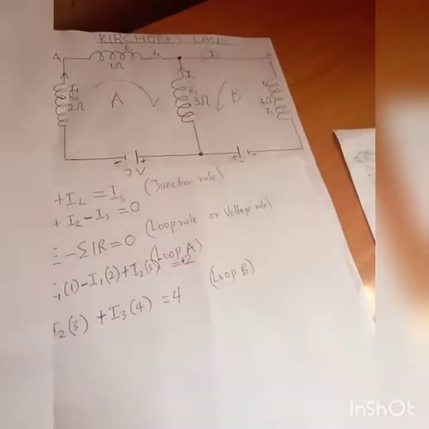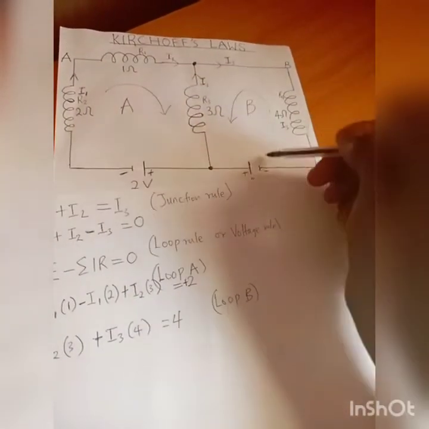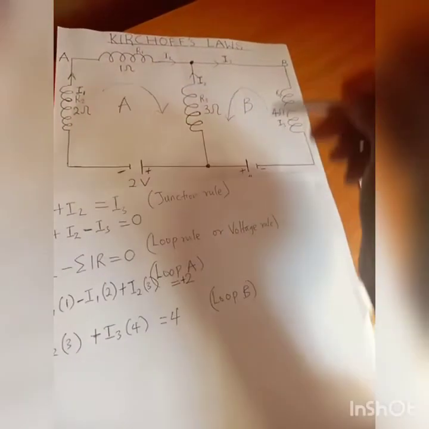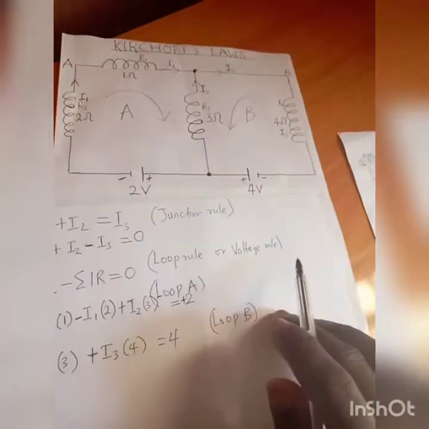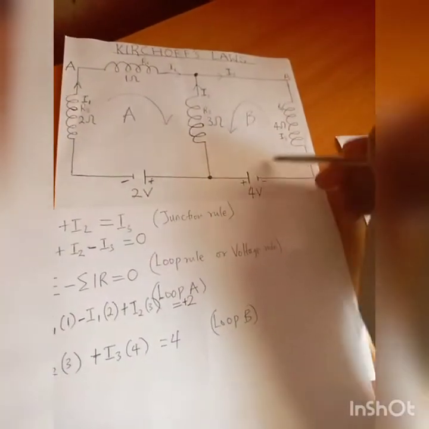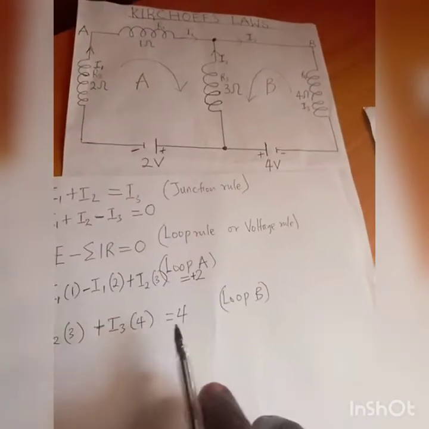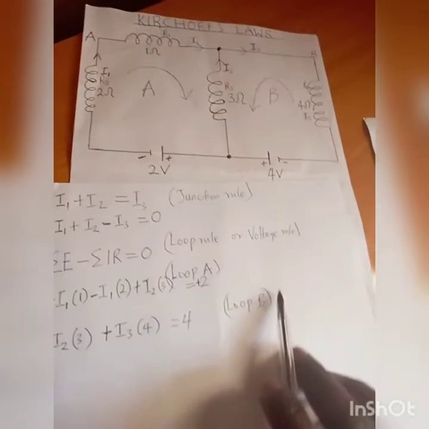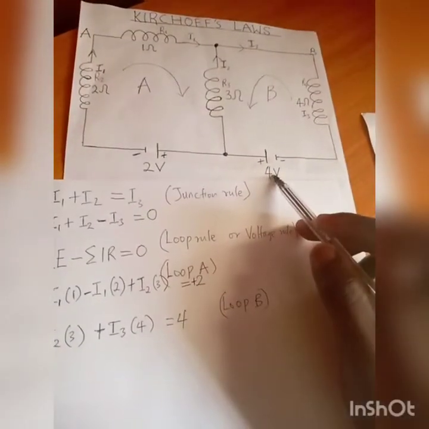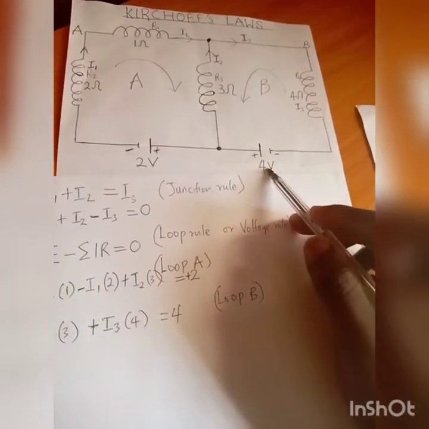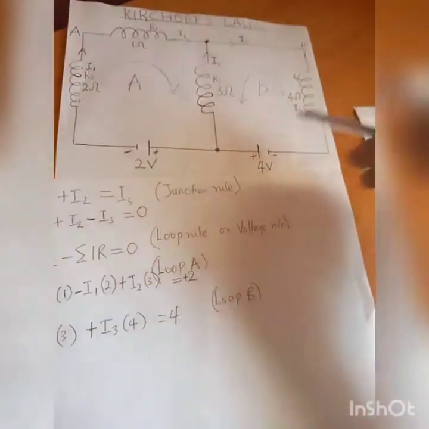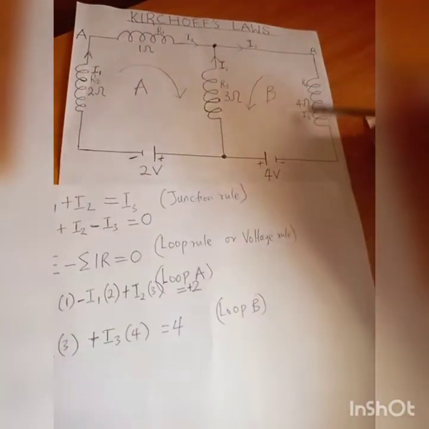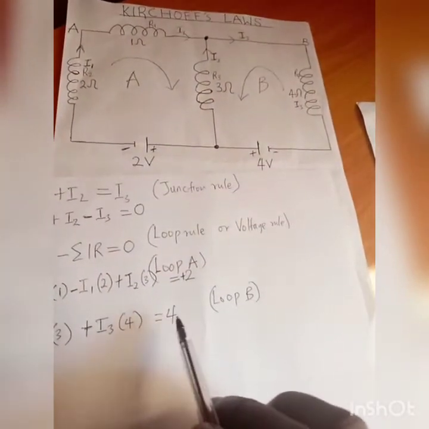Okay, so note that once the direction of the loop moves from the negative terminal of the cell or the battery to the positive, it will have a positive sign. The voltage or the EMF will be positive. Whereas if it's moving from positive to negative, you say is equal to minus 4.